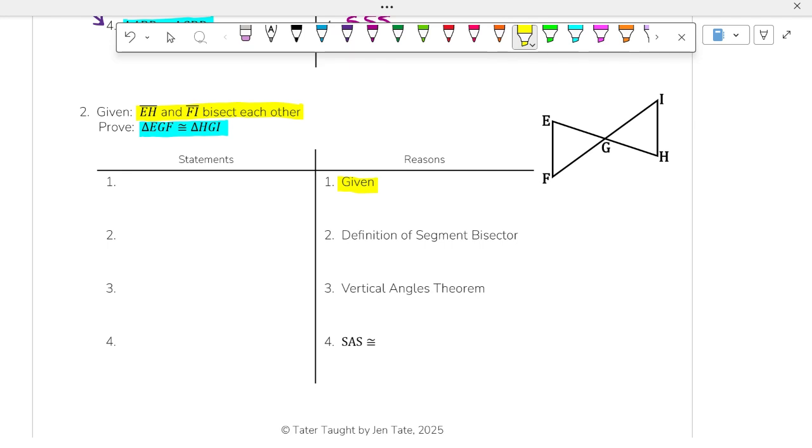Given is usually the given statement. So we don't even have to do a lot of thinking with that one. We just copy the statement that they put up top for given. So we're going to say that EH and FI bisect each other. We're going to copy it word for word.